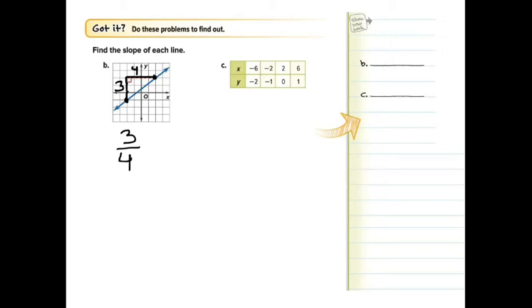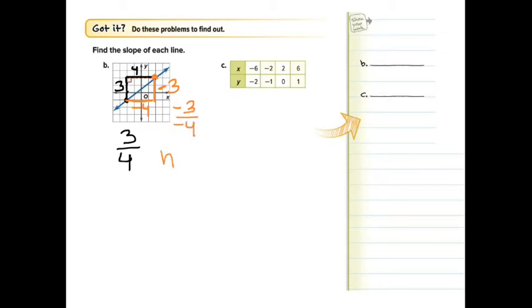Now let's use what I just got done doing a minute ago, and let's get from the top point to the bottom point, and let's see what happens for a second. I would drop down 1, 2, 3, so I would go down 3. I would go backwards 1, 2, 3, 4. And it would be negative 3 over negative 4.